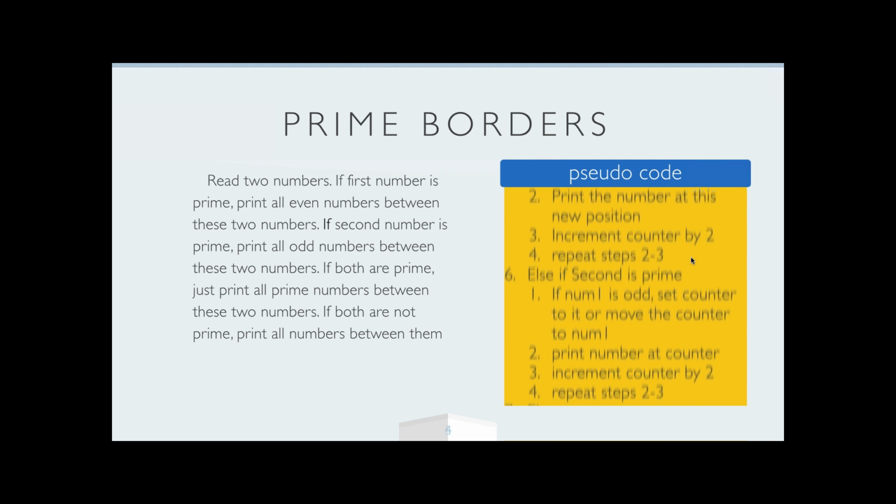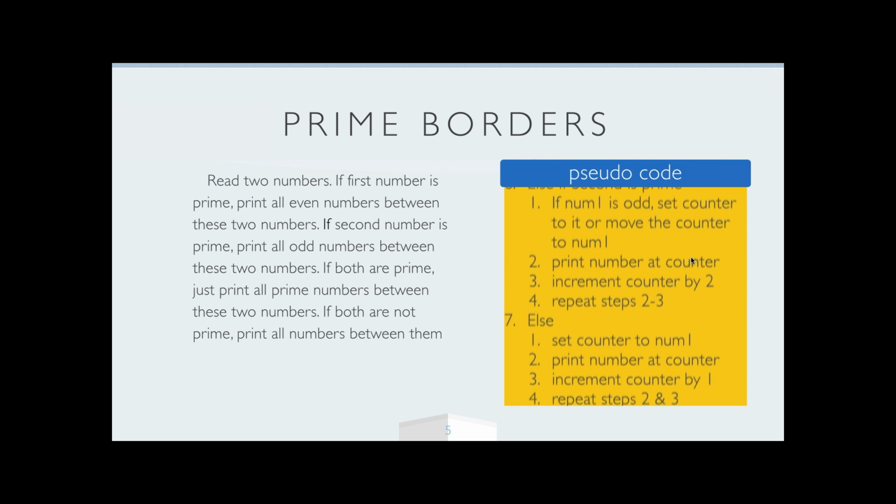Because 5 is a prime number and also an odd number, you don't have to print it, because only the first number is prime. So you do 5 plus 1, which leads to 6. You start at 6, and you don't even care about testing whether the next number is even or odd. You print 6, increment by 2, so you get an even number. Then 8, 10. That way you don't have to do any verifications at all.